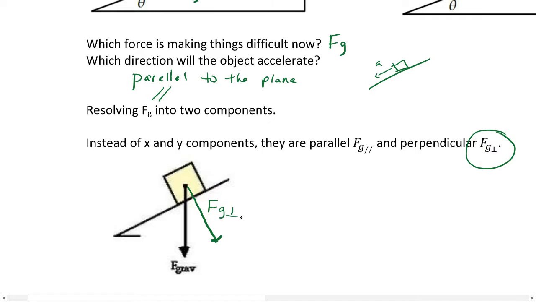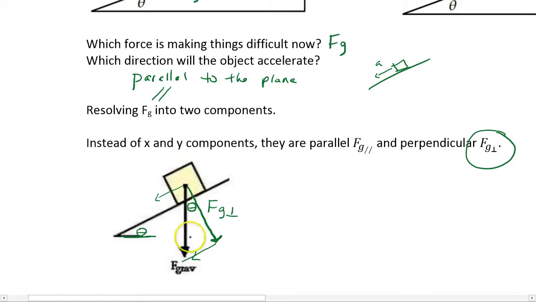And then I'll have Fg parallel, and I can write it down here, in which case it'll be inside of a triangle, or I can write it over there. I can write it either way. Thinking of it here inside the triangle, I just want to point something out. So here's the angle of the inclined plane, say 30 degrees or 40 degrees, whatever it is. That angle, turns out, is exactly the same as the angle inside of this triangle over here.